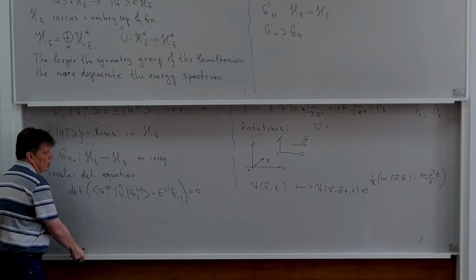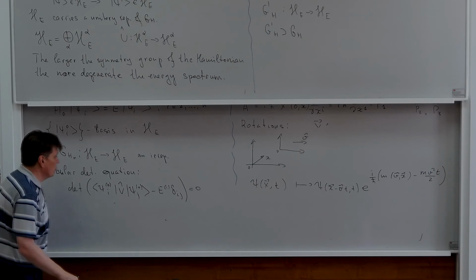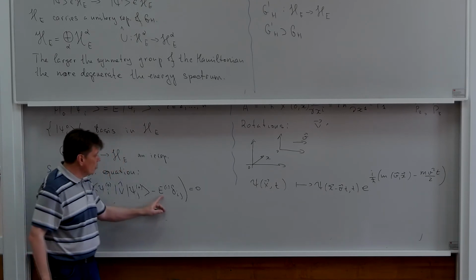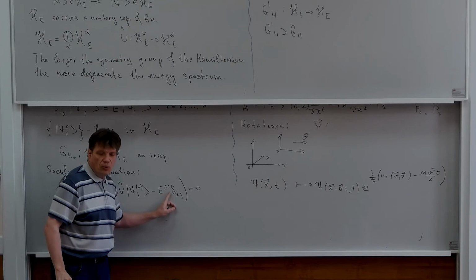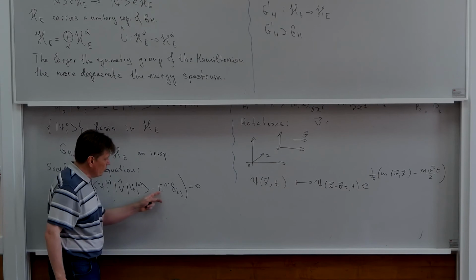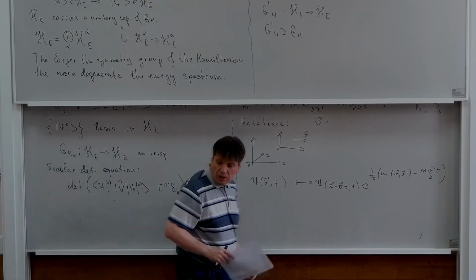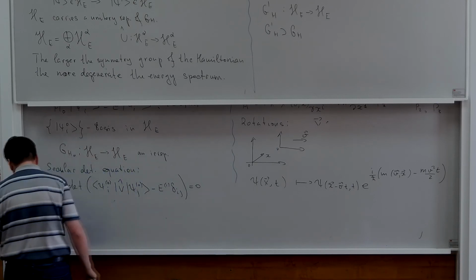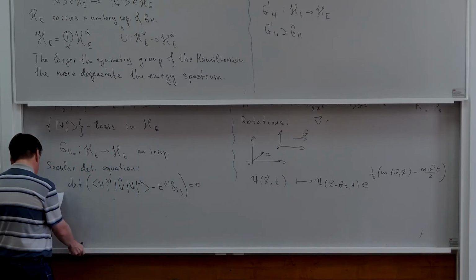Calculating the determinant, we get some polynomial in the variable E1. This algebraic equation is that from which the first order corrections to the energy can be obtained.